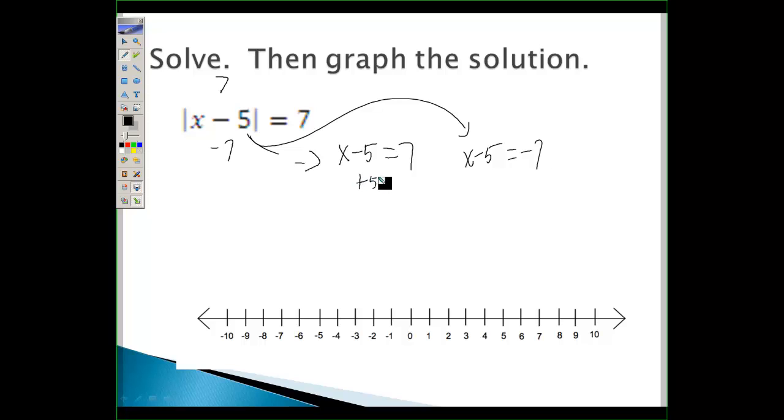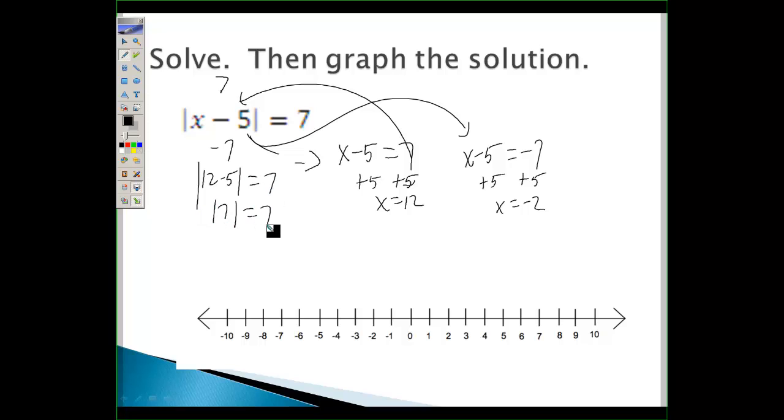Using basic algebra, I'm going to solve each part. x could equal 12, or x could equal -2. Now, just to be safe here, because this is the first time we've ever done this, let's plug these values in and make sure they work out. If I plug 12 into my equation, 12 minus 5, the absolute value of that should equal 7.